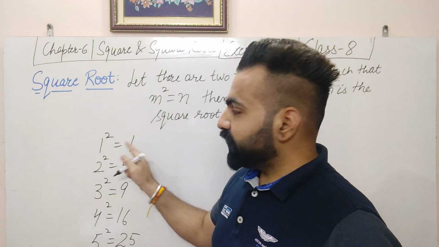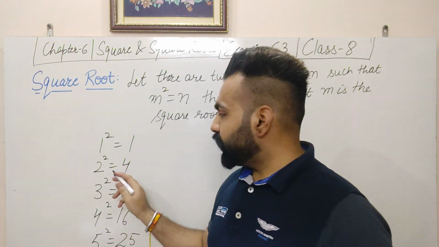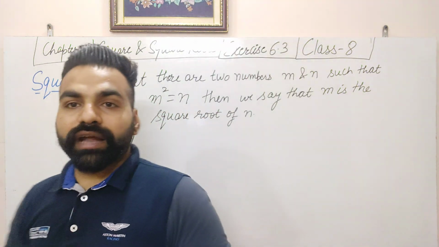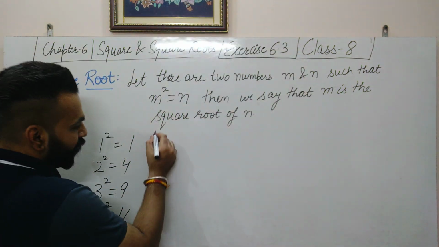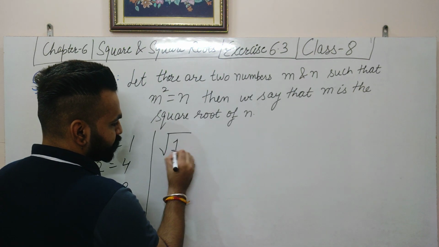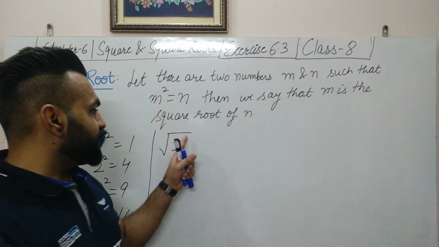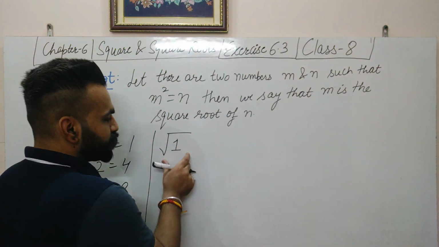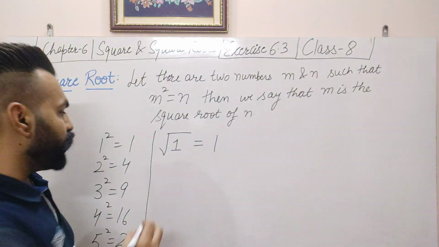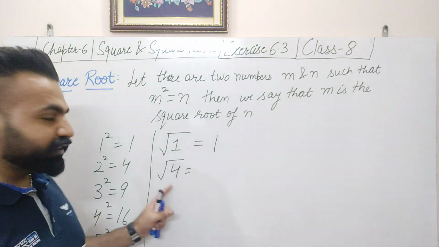Or we can say that 1 is square of 1, 4 is square of 2, or in the reverse order we can say that 2 is the square root of 4. So if we want to write the square root, how do we write it? The symbol used here is this. This bracket like symbol is the symbol for the square root. So square root of 1 is equal to 1, we write in this form. Square root of 4, what is the square root of 4?